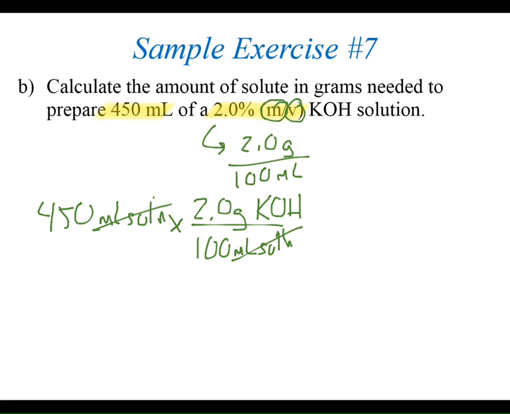Yes. So that tells you how many grams of potassium hydroxide you would have to use to make your solution. So if you wanted to make 450 milliliters of a 2% solution, you would take 9 grams of KOH and dissolve it up until you had 450 milliliters total.